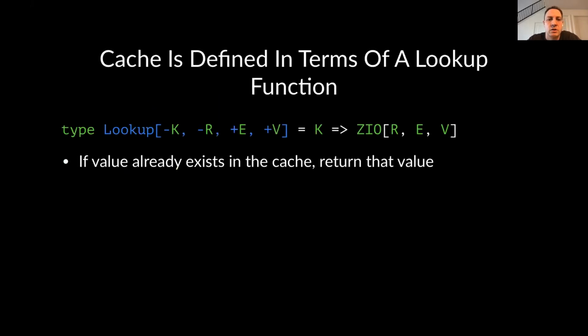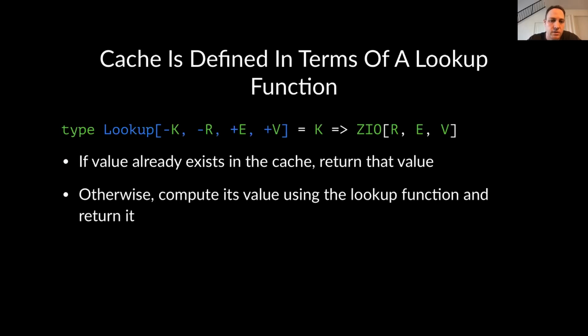Well, the lookup function is essentially just a function from that key to an effect that's going to return the value. And so the behavior is that if the value already exists in the cache, we're just going to return that value. If it doesn't, we're going to compute its value using that lookup function that's inside the cache, and we're going to return it.